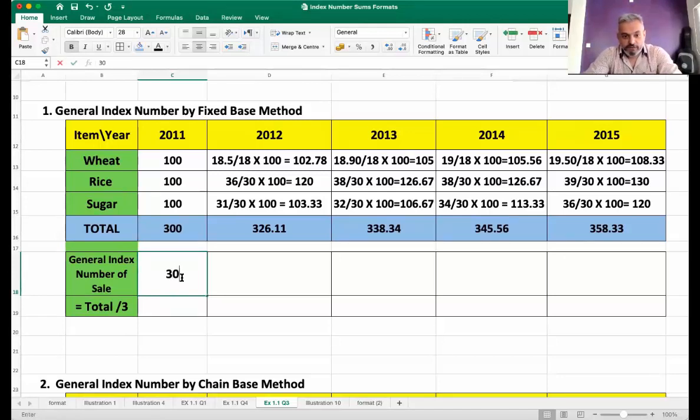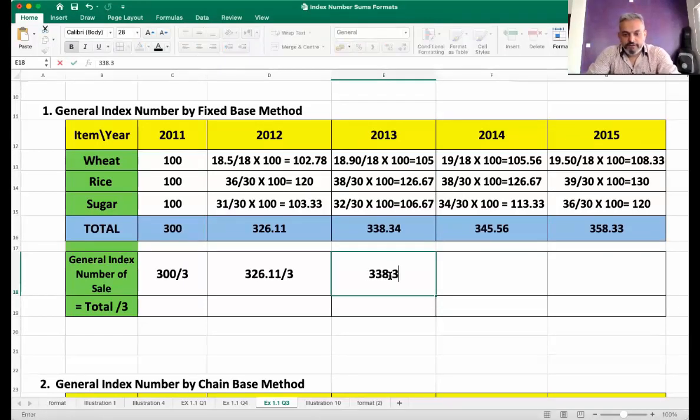So 300 divided by 3, 326.11 divided by 3, then 338.34 divided by 3, then 345.56 divided by 3, and 358.33 divided by 3.